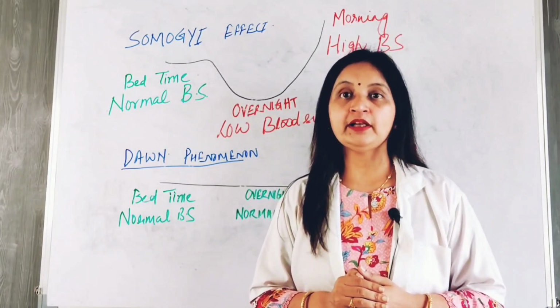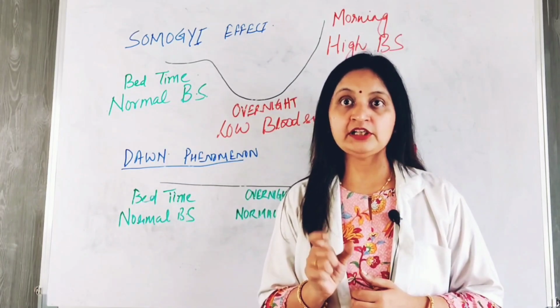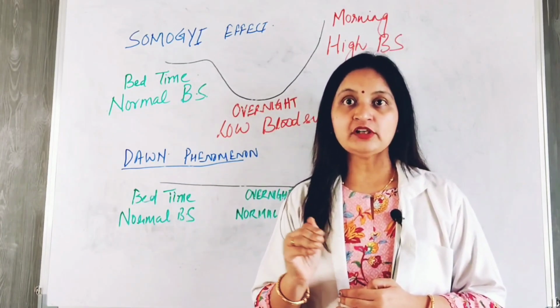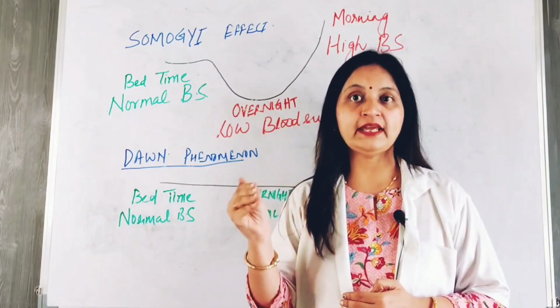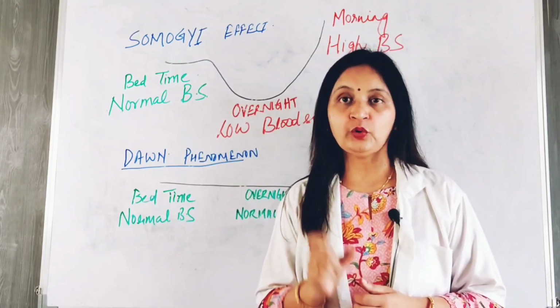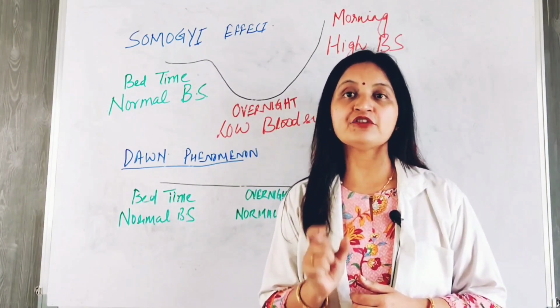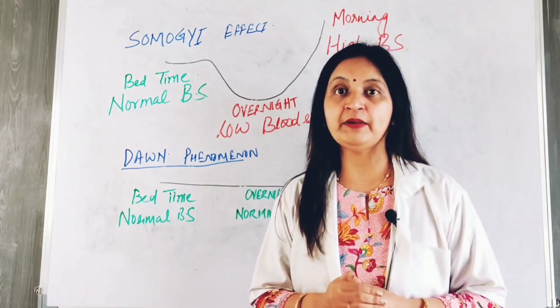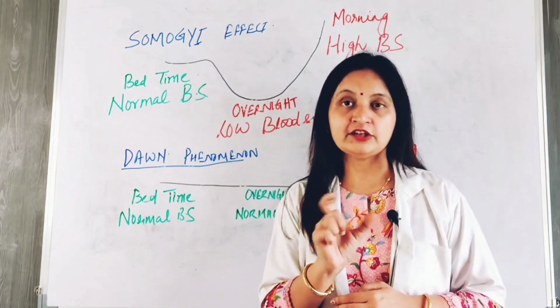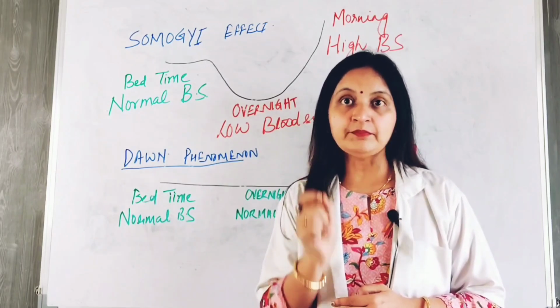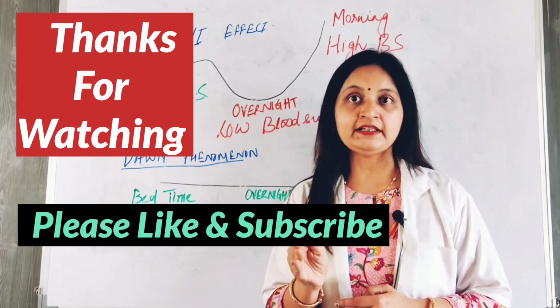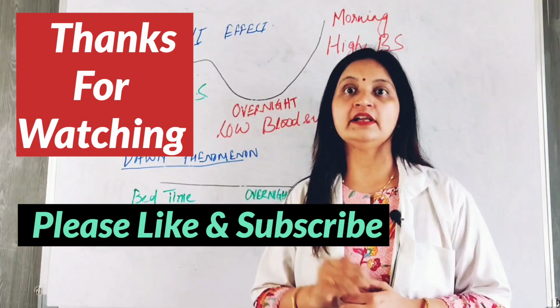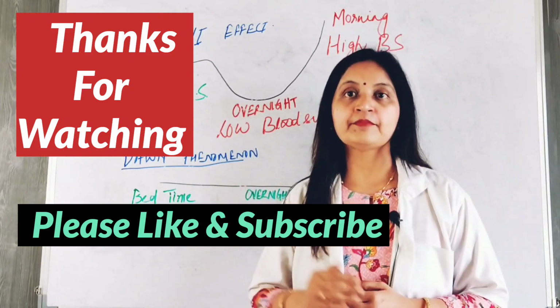Whereas in Dawn's phenomenon, the blood glucose level is normal during the night time and gradually increases from 2 a.m. to 8 a.m. and this is due to inadequate or insufficient insulin in the circulation. So the treatment strategy would be to increase the insulin dose, adjust basal insulin, and administer insulin close to bedtime so that the action of insulin continues till morning.